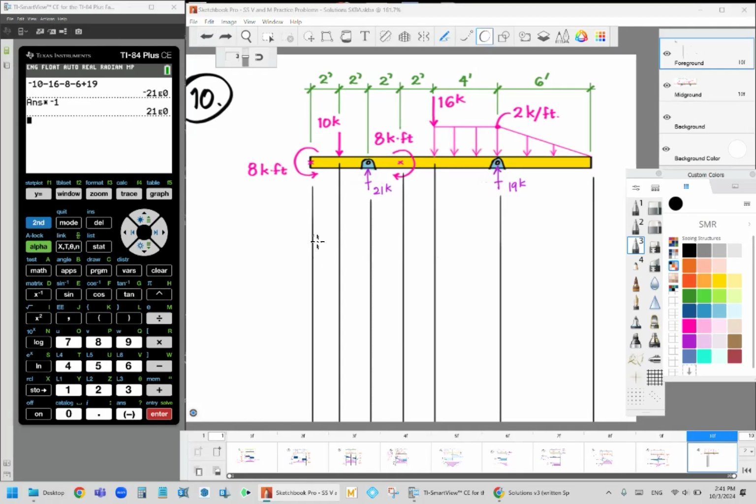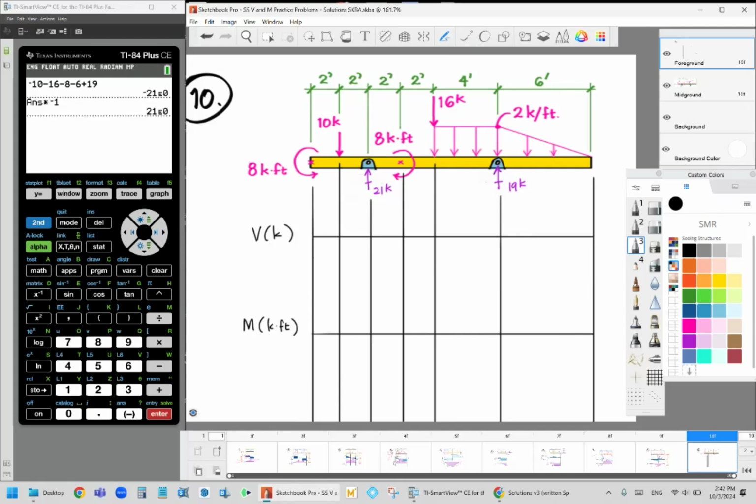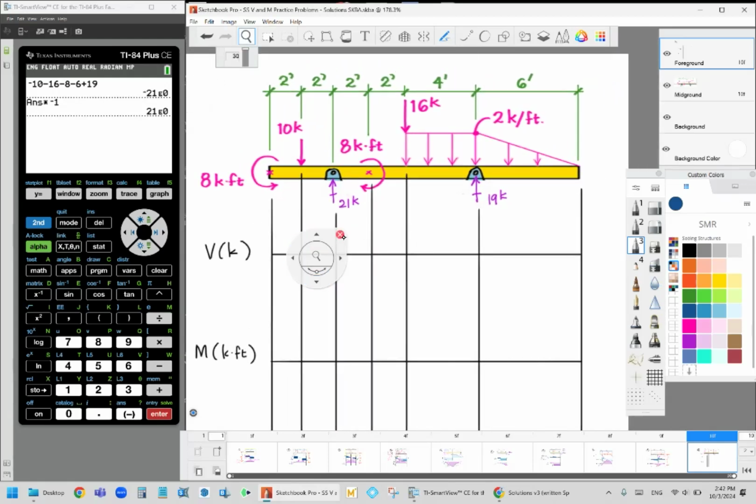I'm going to put my shear up just a bit, I think. Shear, units of kips, moment units of kips times feet. Shear, blue marker. Let's do this. Okay, so I start at 0.